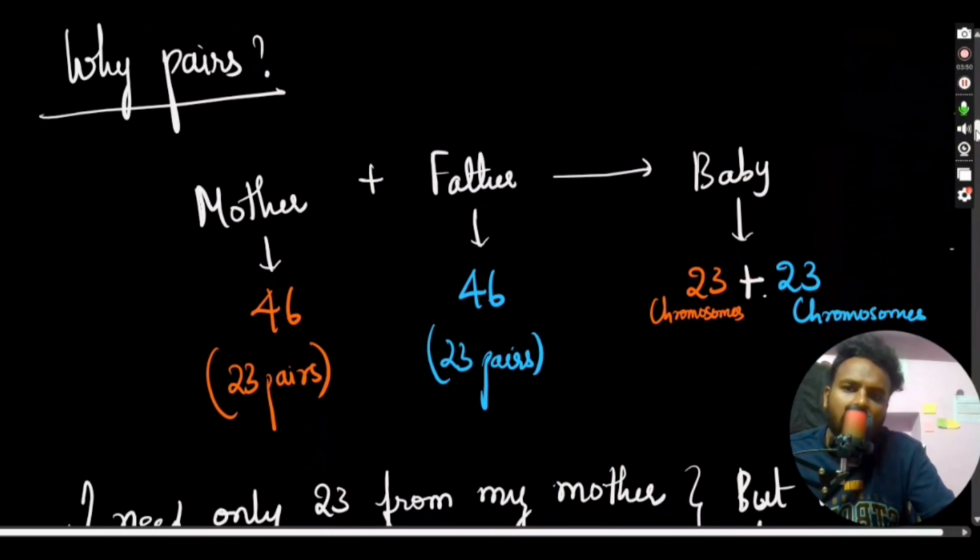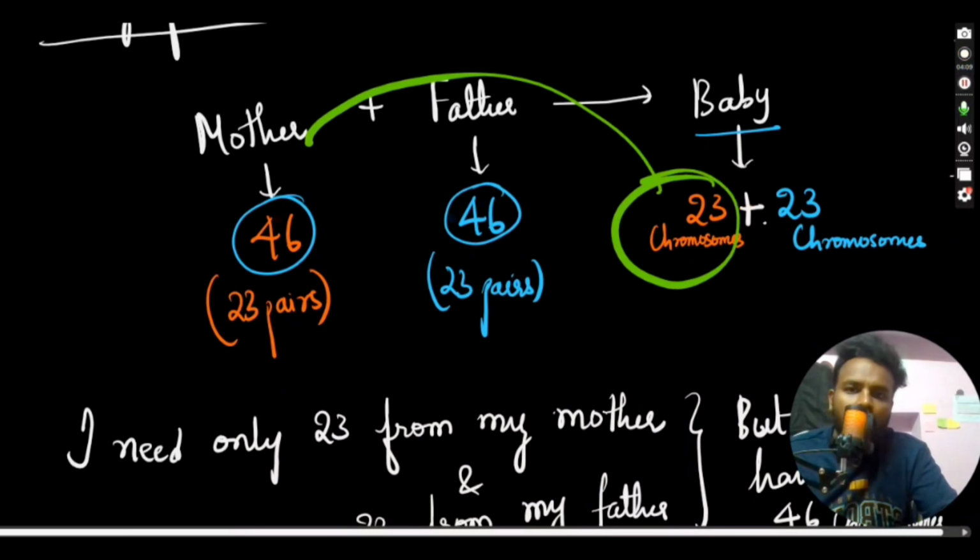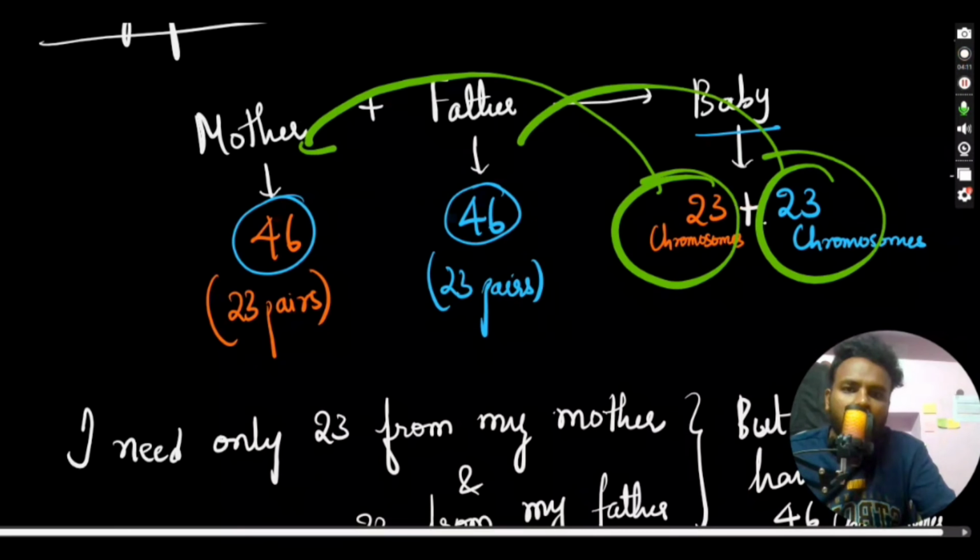Then why pairs? For example, every mother has 46 chromosomes, and every father has 46 chromosomes, and the baby gets 23 chromosomes from each, not 23 pairs. You should just look into it. 23 chromosomes from mother and 23 chromosomes from father, making it 46 chromosomes totally, not 46 pairs.